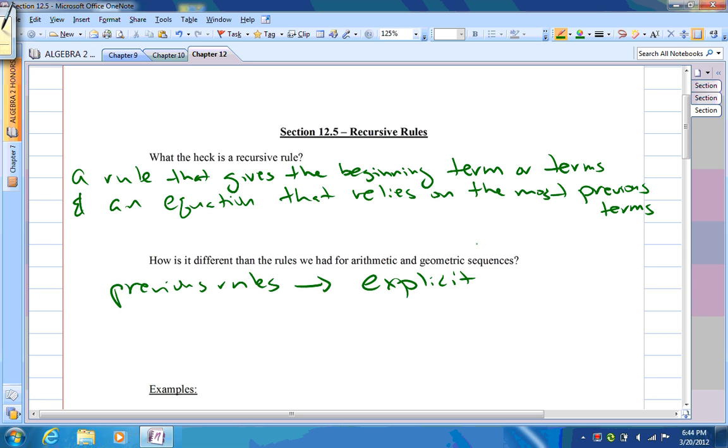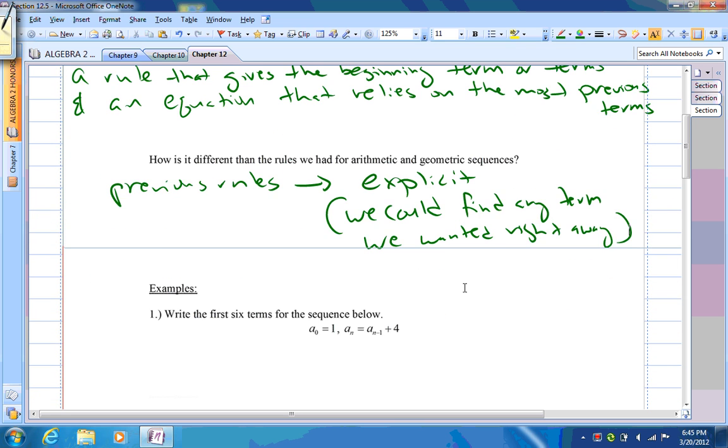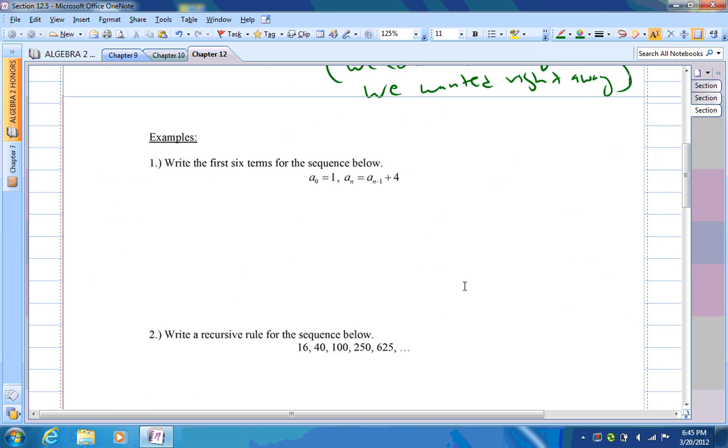What that means is that we could find any term we wanted right away. Whereas for the recursive rules, you can only get the most consecutive term. So let's look at an example.